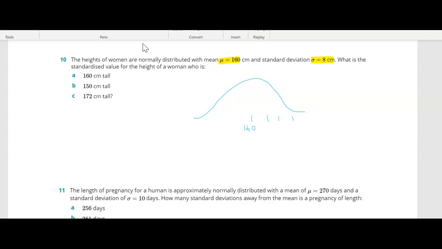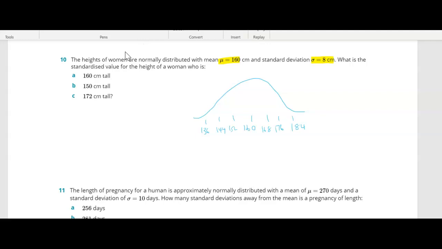We go 1, 2, 3 either side, 8 per standard deviation: 168, 176, and then 184, and then 152, 144, and 136. Just wanted to make sure that was correct.